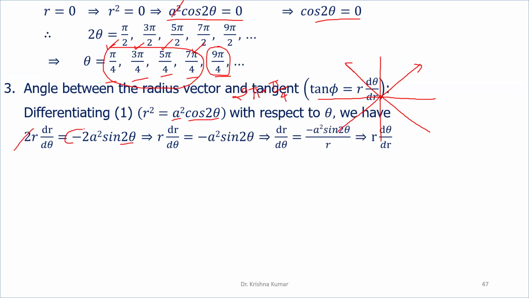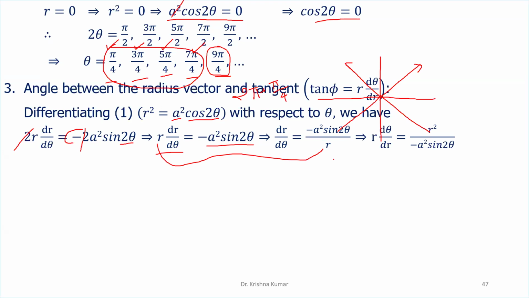Now this 2 will cancel. So r dr by d theta is equal to minus a square sine 2 theta.